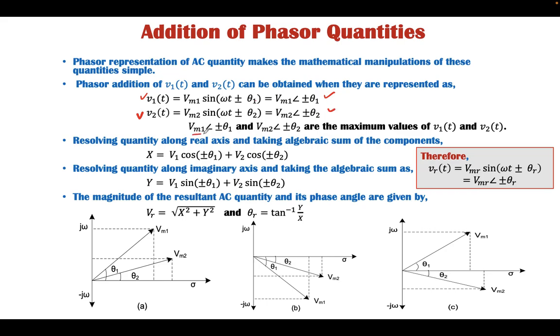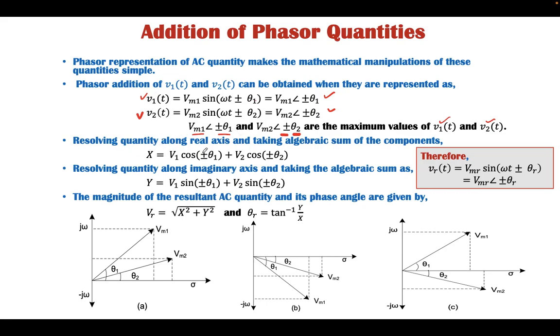Here Vm is the maximum value. If we want to write in RMS form, then Vm divided by root 2, and Vm2 divided by root 2. These quantities can be written in RMS form as well.